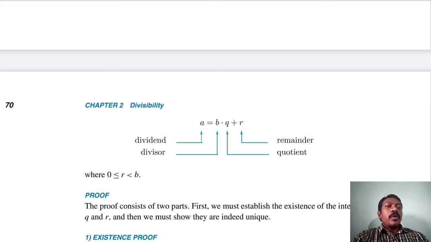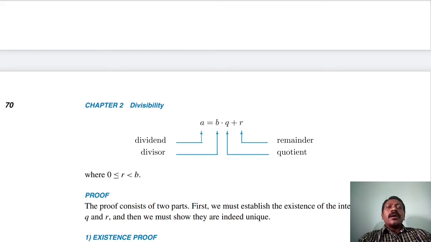If you divide 13 by 7, here it is clearly mentioned a as dividend, b as divisor. So if you divide 13 by 7, you will get quotient as 1 and the remainder as 6.